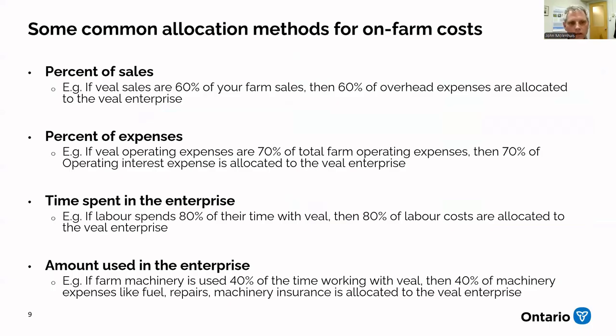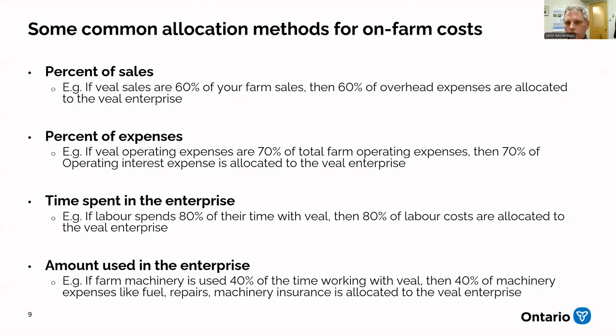So these are just some suggested ways. Probably the most common allocation way is on a percent of sales. So if veal is 60% of your sales, 60% of those overhead costs are allocated to the veal enterprise. But for the other ones, depending on the expense itself, interest on operating capital could be based on the percent of expenses that are veal related.